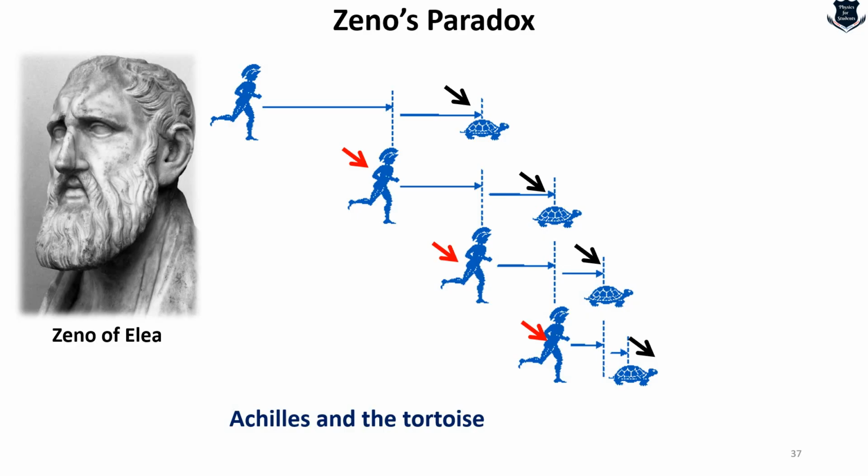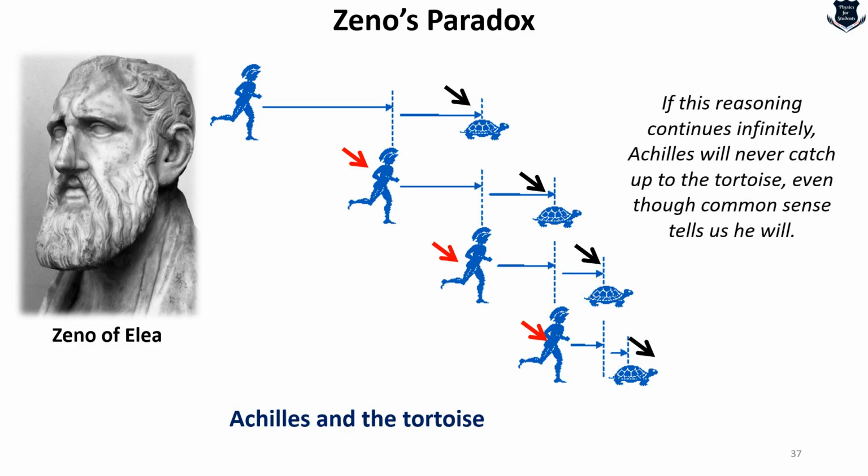So if this reasoning continues infinitely, Achilles will never catch up with the tortoise, even though common sense tells us that he will. So this paradox suggests that motion consists of an infinite number of steps, making it impossible to complete.